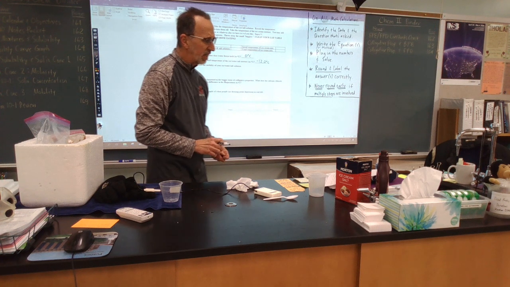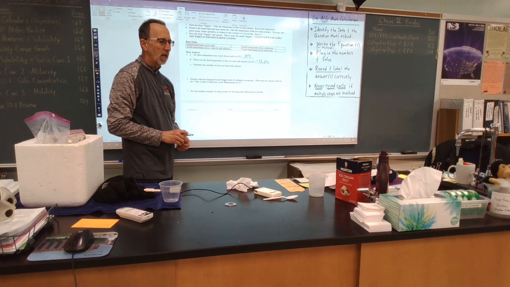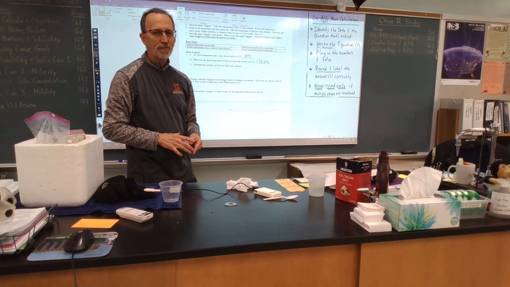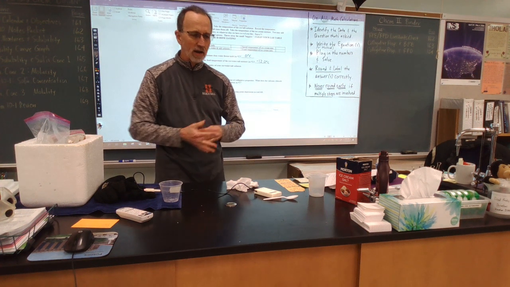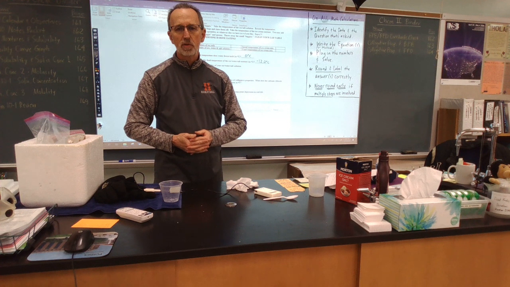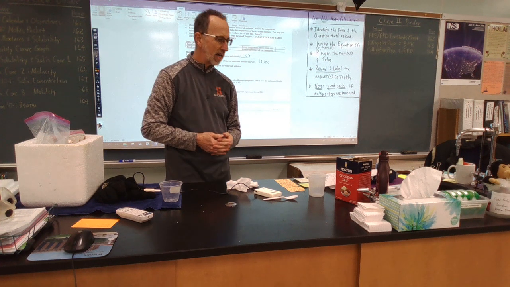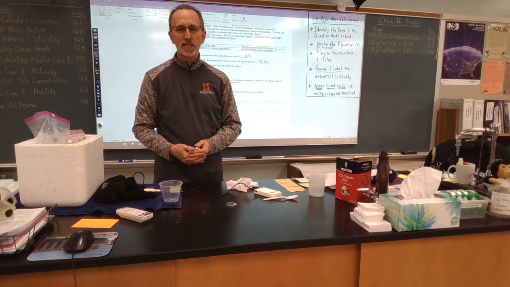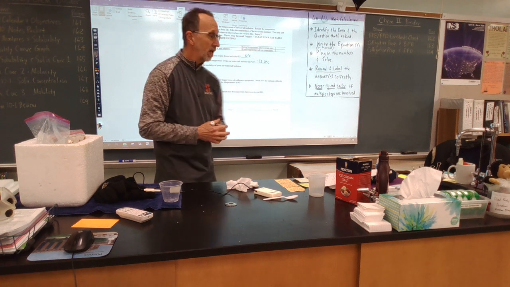Letter C wants us to calculate the molality of our ice, water, and rock salt solution. Here's one thing you've got to remember, and that is the Van't Hoff factor, or the i factor. Rock salt, or ice cream salt, is calcium chloride, and calcium chloride is an ionic solute. It breaks apart, or ionizes, into ions when it dissolves in water.